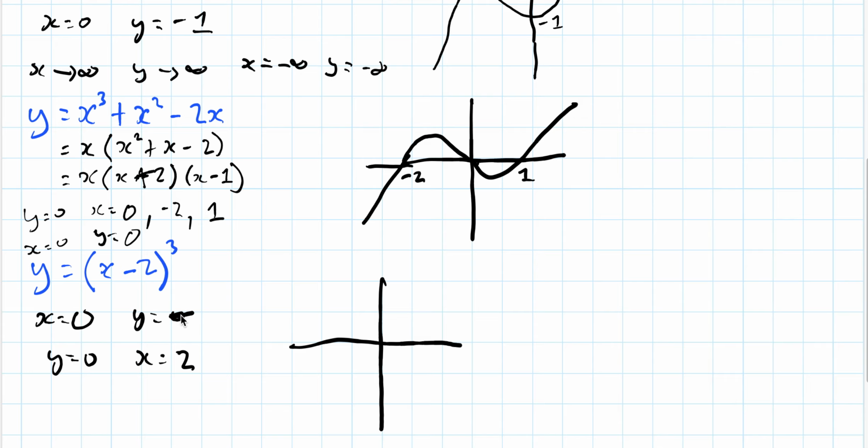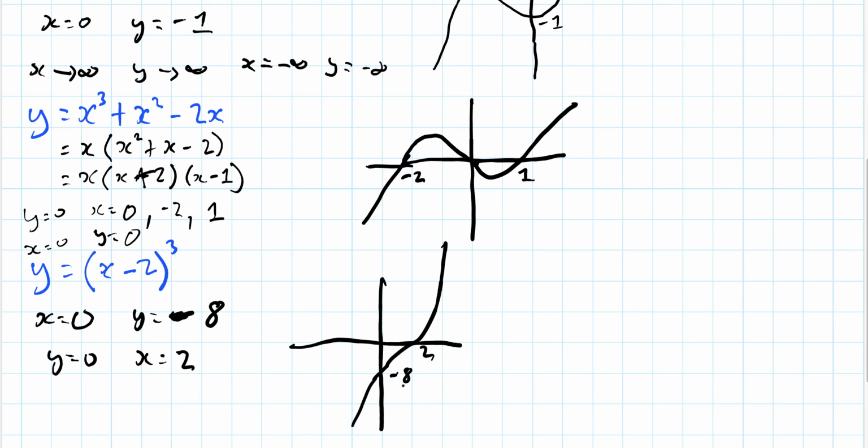So this will be minus 8. It's coming from minus, cutting at minus 8, and then going up to 2, and then shooting up. That's minus 8, and that is 2.